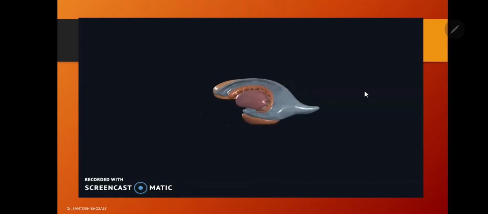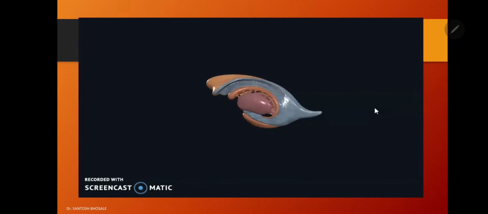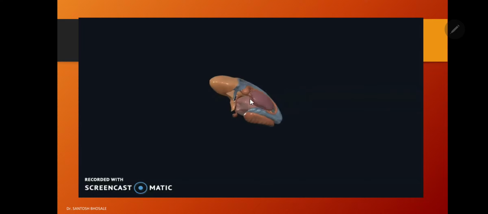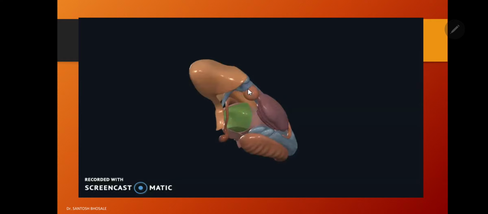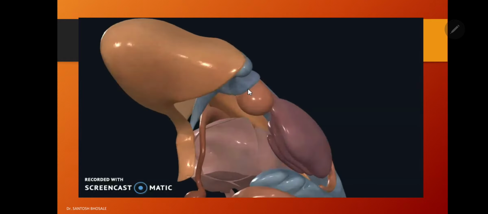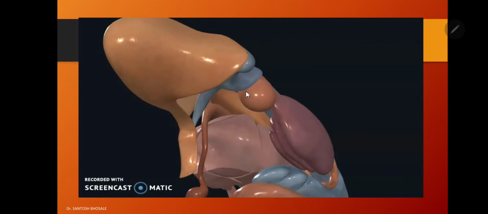And what you see, the collection of nuclei below, this is the putamen, that is the caudate nucleus, and there you are seeing the thalamus. So thalamus, caudate nucleus, fornix, these all are part of the floor of the body of the lateral ventricle.